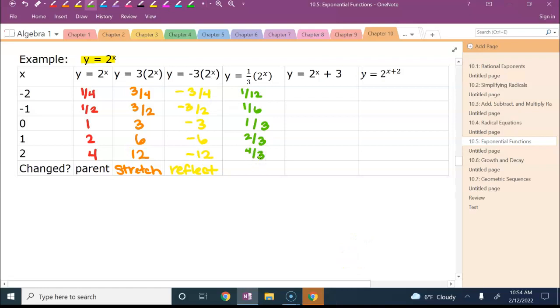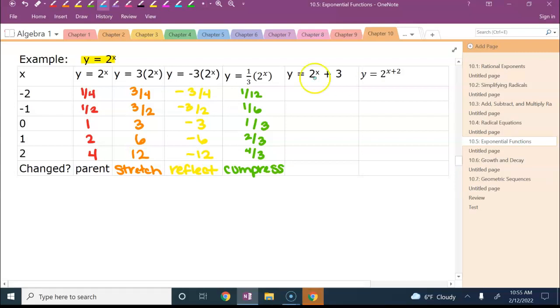So you can see that these numbers are much smaller than what we've seen in the couple of charts before this. That's because you're taking that exponential function times 1/3. So when you multiply by a fraction like that in the front, that is going to compress your graph. It's going to cause that graph to move a lot slower than it was before because of that fraction sitting in the front.